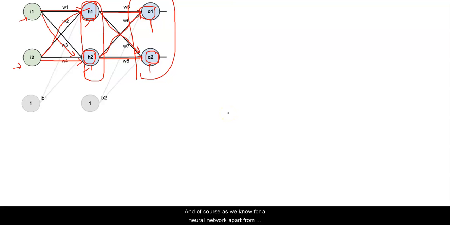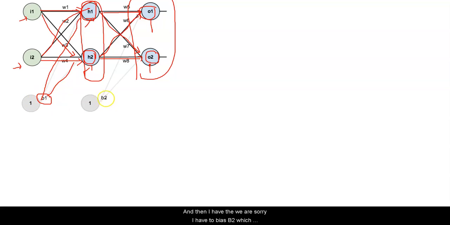And of course, as we know, for a neural network, apart from the weights, we also have the bias. So I have my bias B1, which goes to the neurons in my hidden layer, here and here.